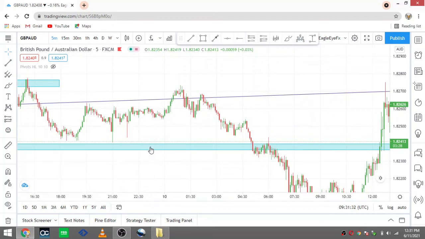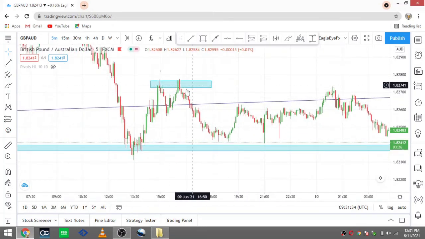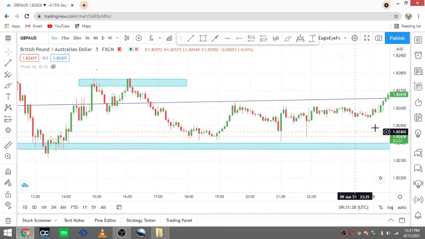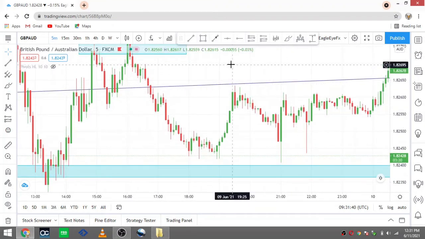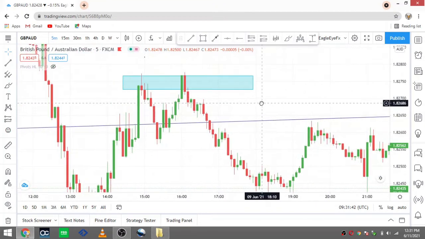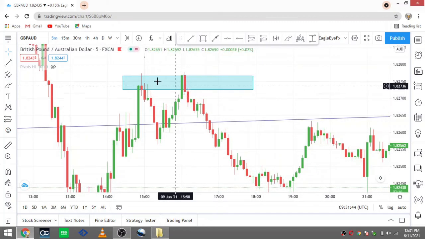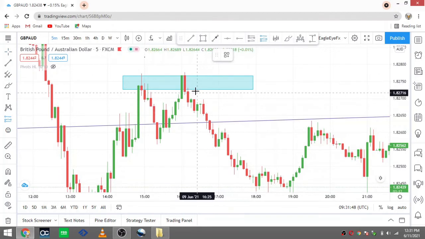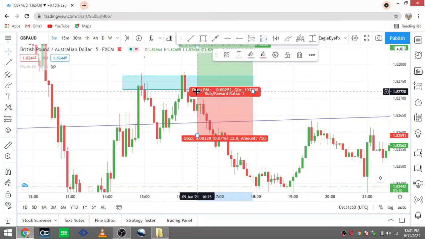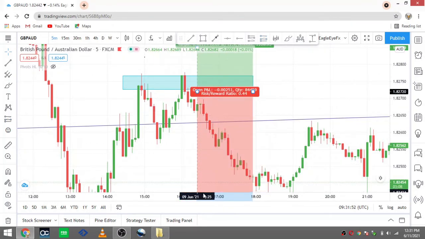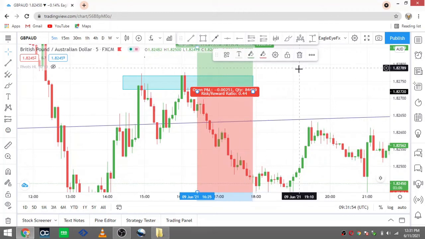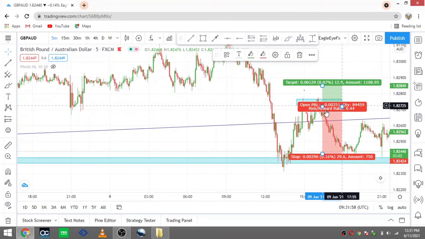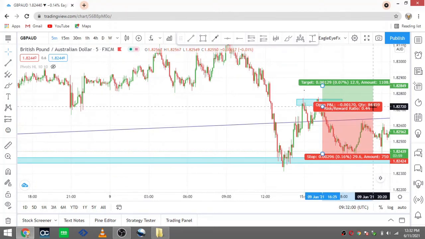Immediately this candlestick closed below, as you can see. If I zoom this, you see that I saw this candlestick. You see, it closed below this level. That is the time that I put on my short position or my sell position, and I went for 1:4 RR, and it was a beautiful win for us.